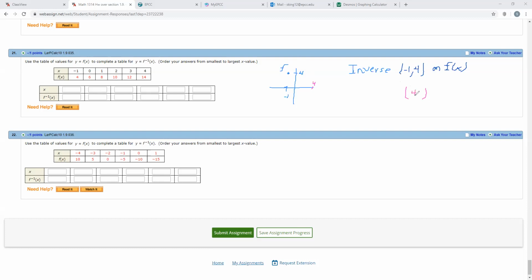So inverting or changing, we now have that on the inverse graph, which is f to the -1 of x, the point 4, -1 will be on the graph of f inverse.